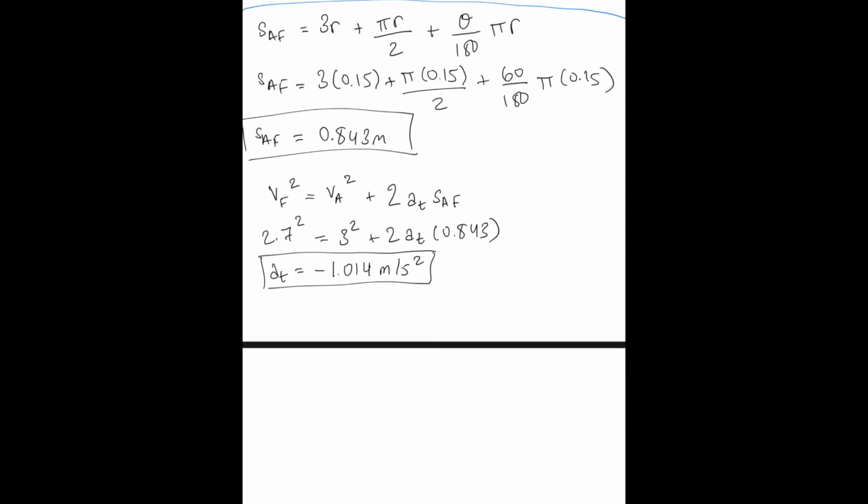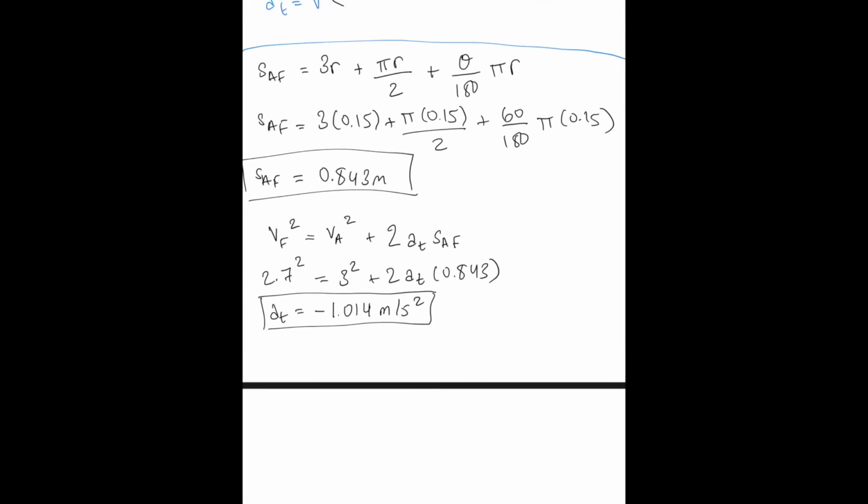Now that we have all the necessary values, we can start solving for part A. Now, part A, we know that t1 is 0.08 seconds, so at that time, what's the acceleration? First of all, we want to know what the velocity was at time t1.